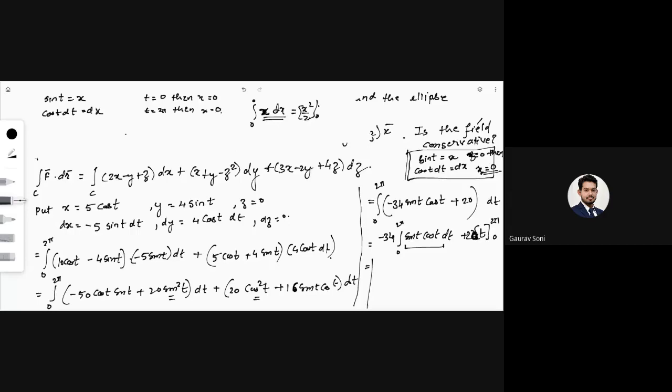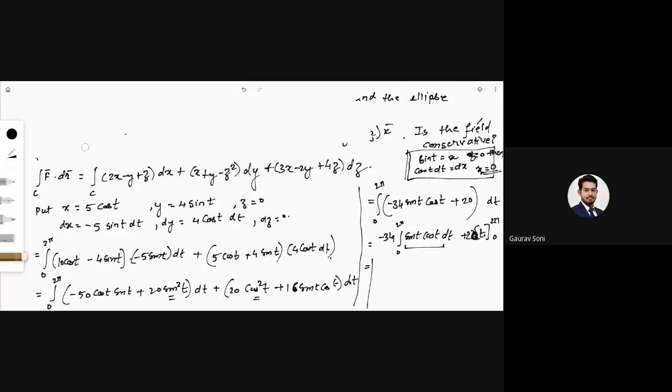Actually, this is not the correct procedure, but still roughly you can see that the answer is turning out to be 0. But there is a chapter which is called the reduction formula. You may have seen it in your bridge course.